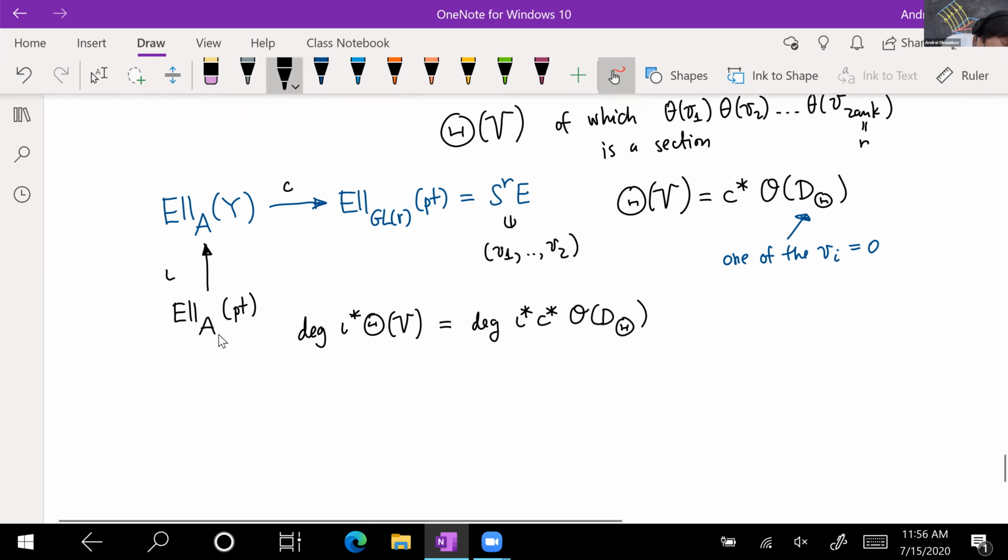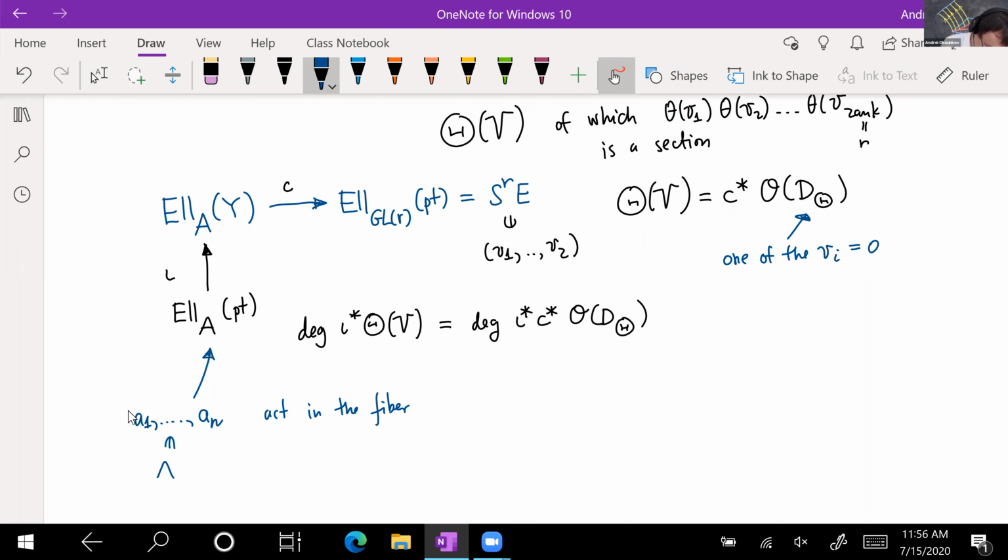And so what is this map? Here I have some coordinates. Maybe the coordinates are A1 through A whatever rank, maybe call it N. And then they act in the fiber over my point by some monomials.